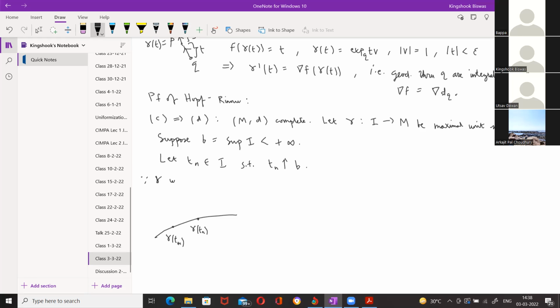So the distance between gamma Tn and gamma Tm is less than or equal to the absolute value of Tn minus Tm, and the Tn's are converging to B. So this tends to 0 as m and n tend to infinity.